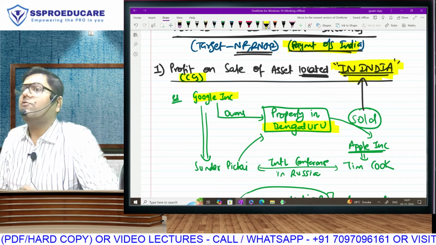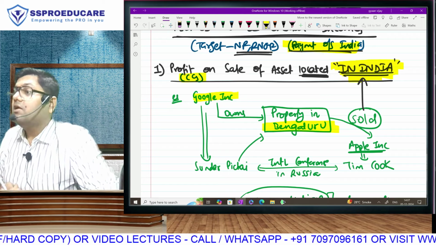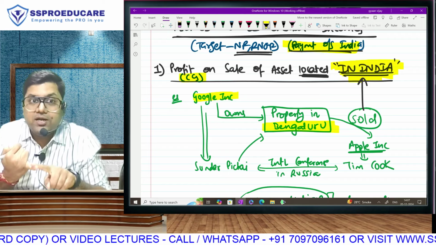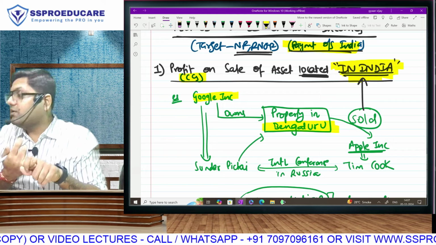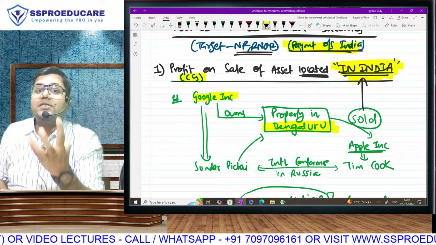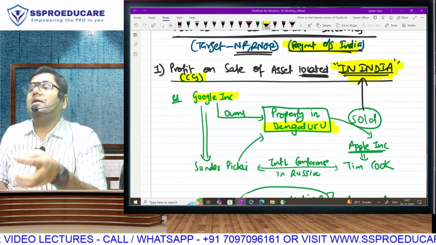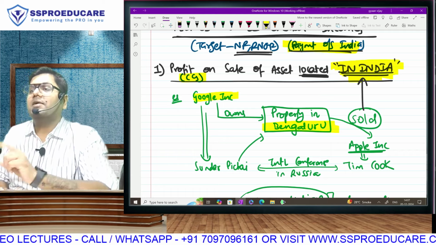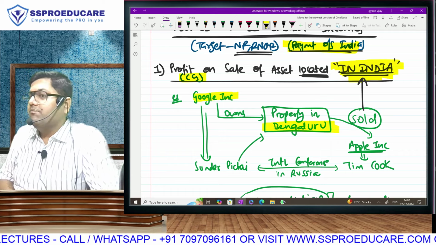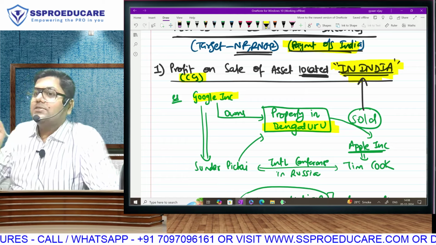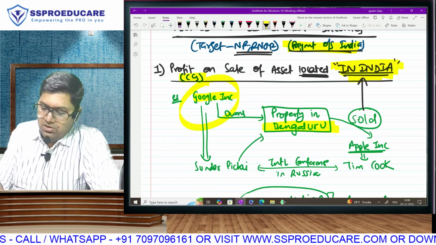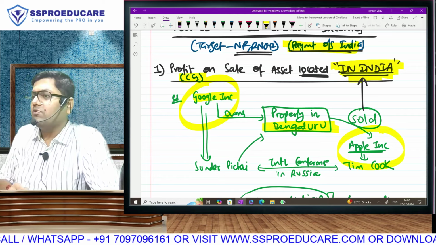If there is sale of any Indian asset, irrespective of where you do agreement, irrespective of where you do the payment, if the asset is located in India, somewhere India is involved, India will take tax on that profit. Means one non-resident selling property to another non-resident. Do you understand? Both of them are non-resident.